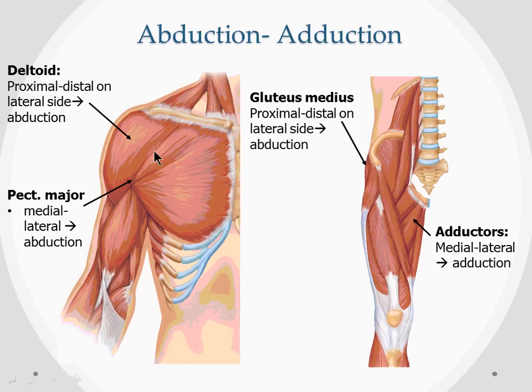So here are muscles, gluteus medius and minimus, they also attach proximally to the hip bone, distally to the femur on the lateral aspect. So these are abductors. The adductors have their names, adductor here. And in the case of the upper limb, the deltoid is the abductor and the pectoralis major is the adductor.